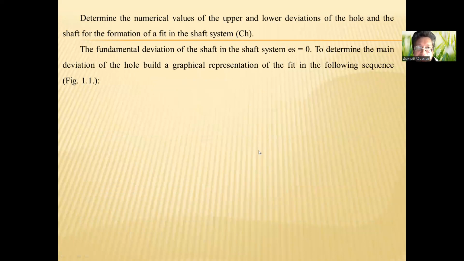Determine the numerical values of the upper and lower deviations of the hole and the shaft for the formation of a fit in the shaft system. The fundamental deviation of the shaft in the shaft system, small es, is equal to 0. To determine the main deviation of the hole, build a graphical representation of the fit in the following sequence.